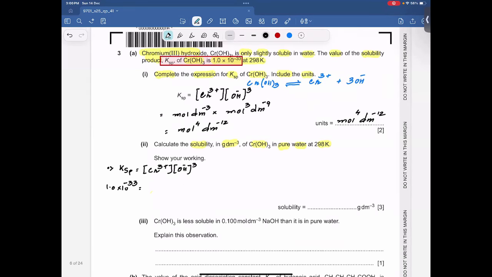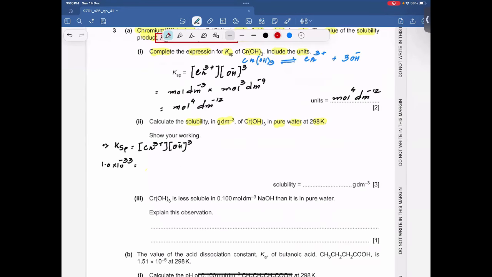Let's suppose, according to the equation, chromium ion has 1 mole, whereas hydroxide ion has 3 moles. Since we don't know the concentration of chromium ion, I'm going to use X here and 3X here.